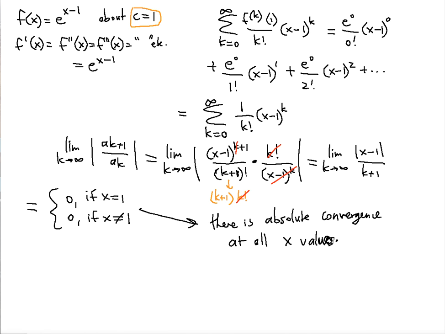And what does that mean? It means that the interval of convergence is from negative infinity to positive infinity, because we know that for any x value that you choose, you will always have the limit value of 0.